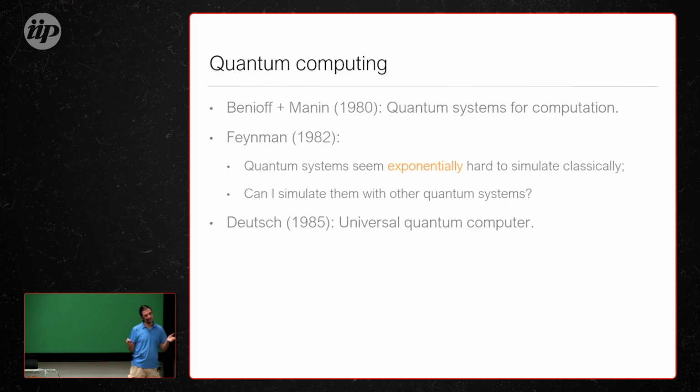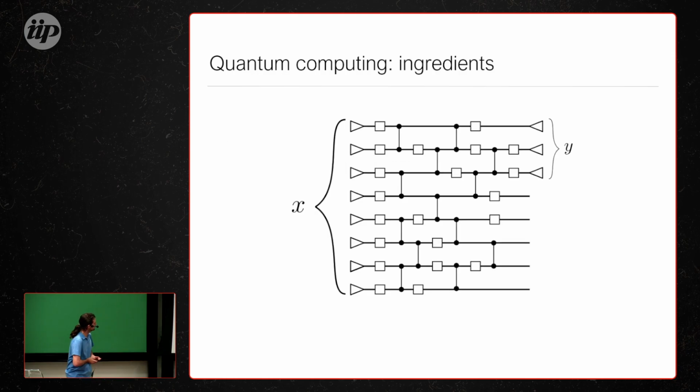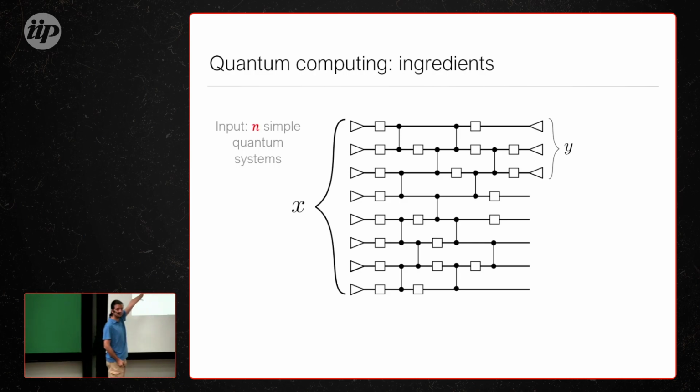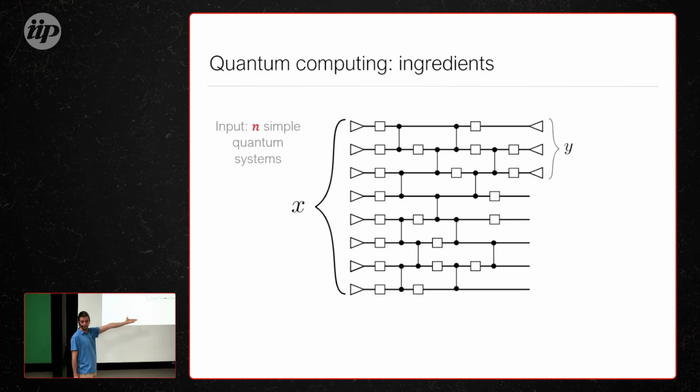This was formalized a little later by Deutsch in the idea of a universal quantum computer. When we talk about what a quantum computer is today, it traces back to this definition by Deutsch. It's basically the same thing you've seen for a classical computer, a circuit of logic gates, except that now everything lives in a Hilbert space. Your input, rather than a bunch of bits, is a bunch of very simple quantum systems, which we call qubits.